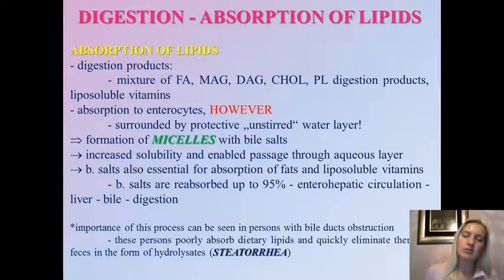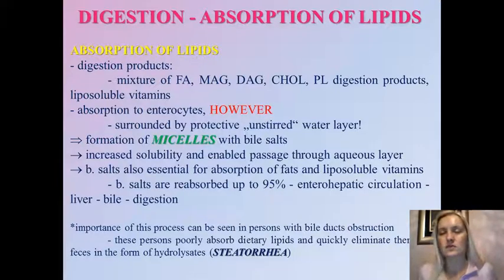Those are lipid molecules, hydrophobic products, hydrophobic membrane. So one could think that it's going to be so easy for those products of digestion to pass through membranes without any difficulties and the necessity for protein transporters like we had for carbs and so on. But no, there is a problem, which is of course solvable.